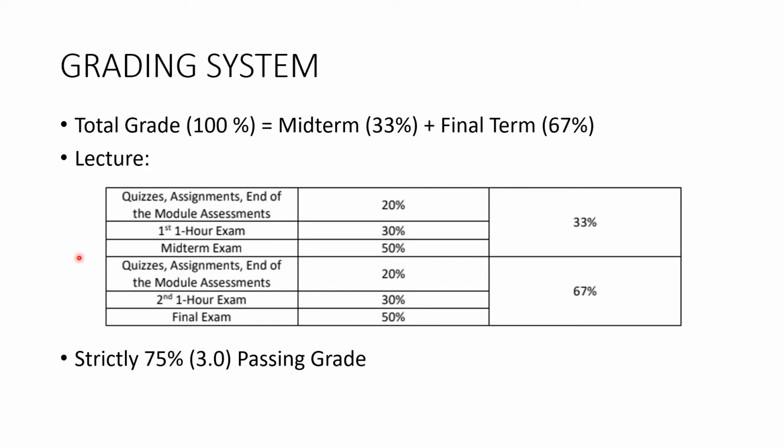We have your quizzes, 20%, your 1 hour exam is 30%, and your midterm or final exam 50%. Basically, it's the same for the midterm and the final term. For the passing rate, you must get at least 75% overall for you to pass this course. We have to impose the 75% passing rate of the College of Veterinary Medicine.